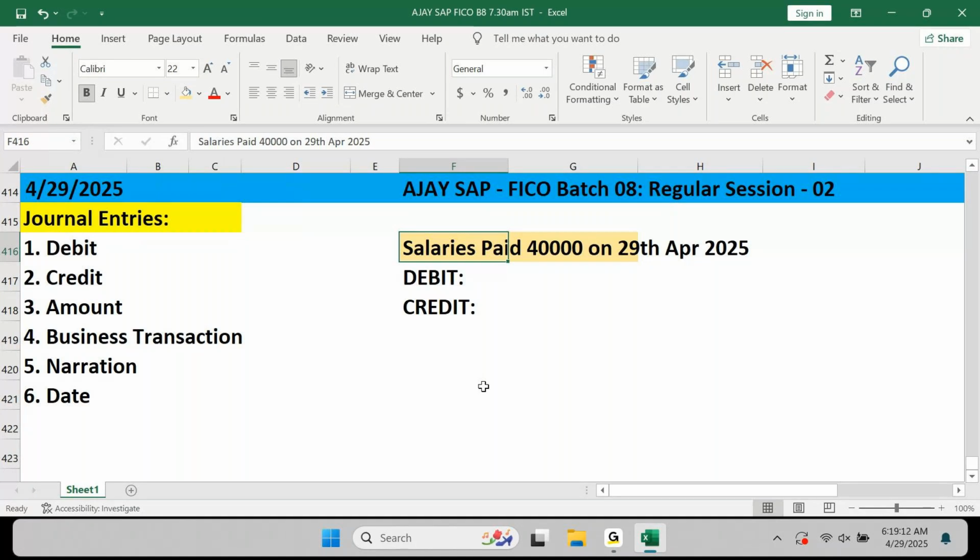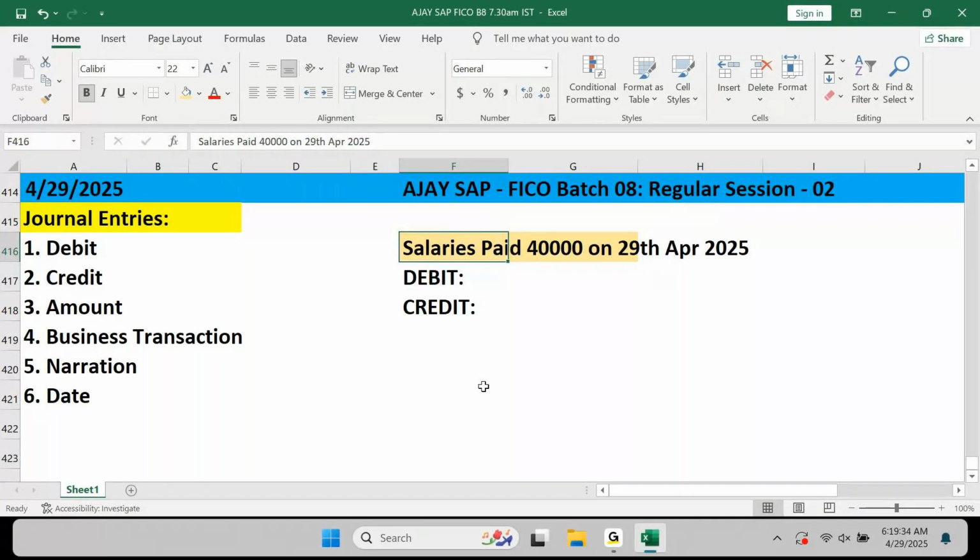Is this complete or is anything still missing in the transaction? Complete. But nowhere I mentioned how I paid salaries, right? Did I use cash for paying or did I use bank for paying? Is anything mentioned?